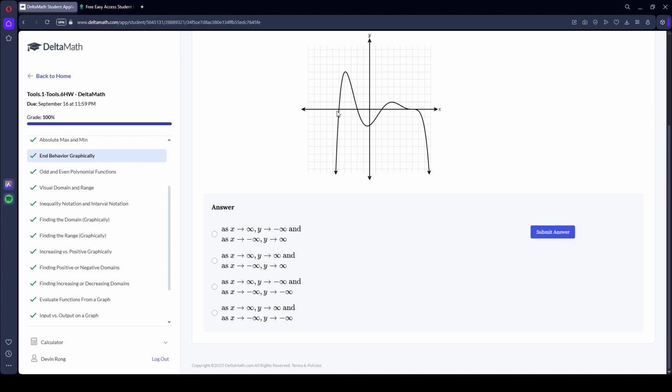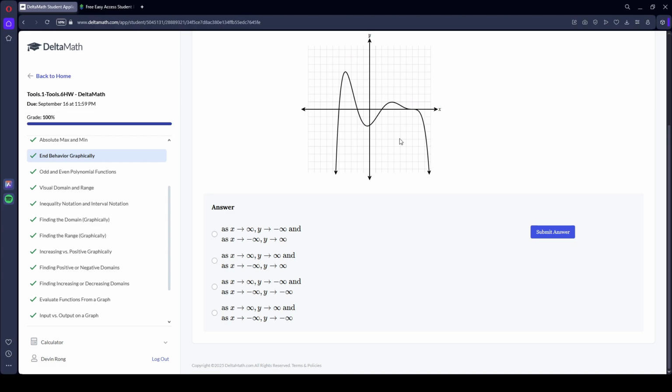So as x approaches negative infinity, y also approaches negative infinity. Let's see. As x approaches negative infinity, y approaches infinity. That is not correct. So it's either these two options. As x approaches negative infinity, y is approaching negative infinity. Right, correct.